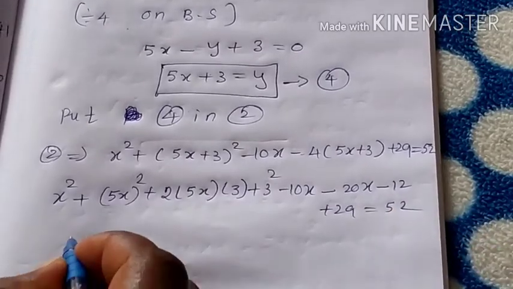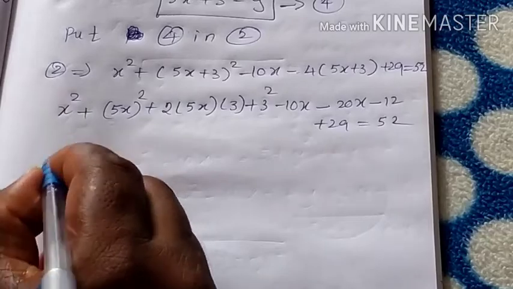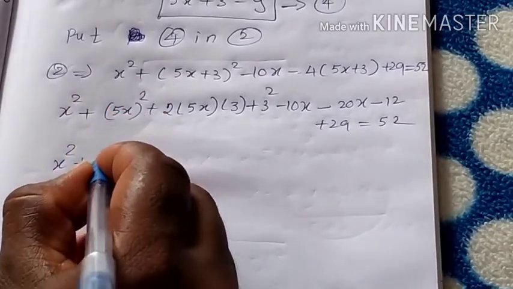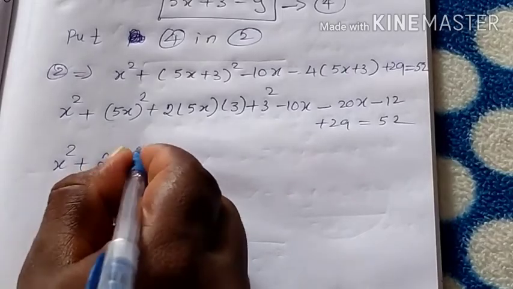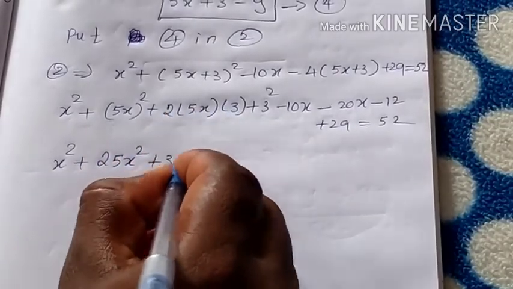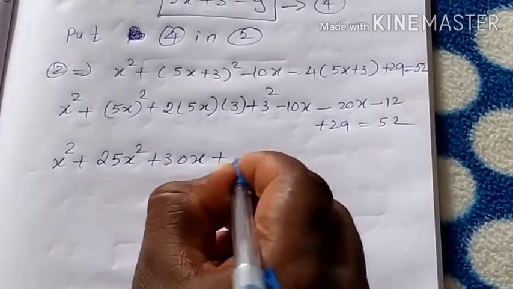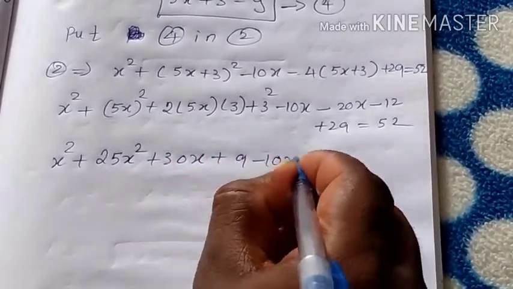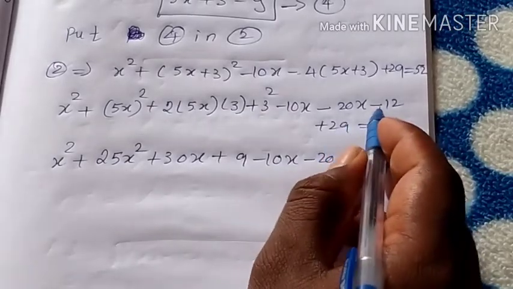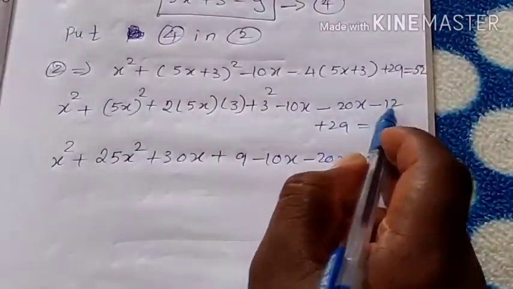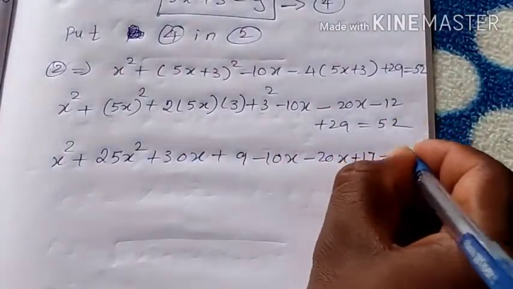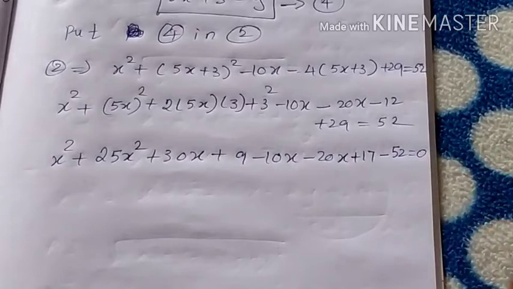Then the x square plus 5 square is 25, x square is x square, 25x square, then 2 5s are 10, 10 3s are 30, plus 30x plus 3 square is 9, minus 10x minus 20x. Then making the subtraction, plus 29 minus 12 is plus 17, then making the transposition we get minus 52 equal to 0.